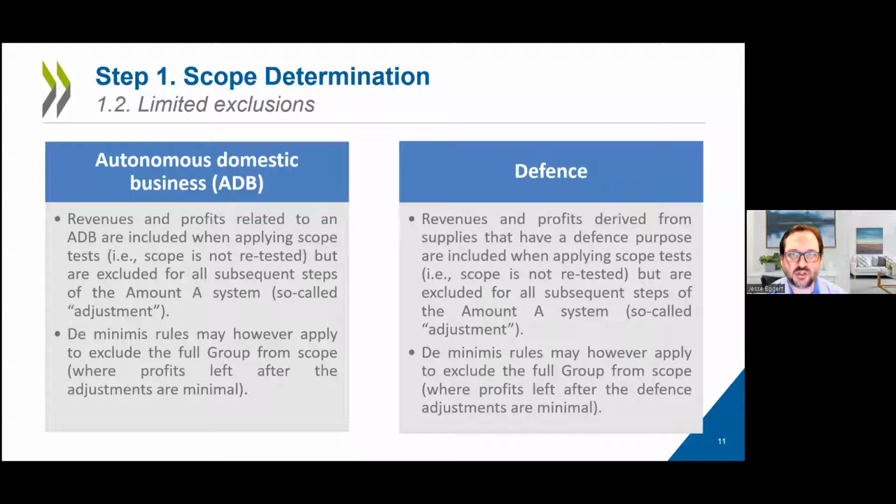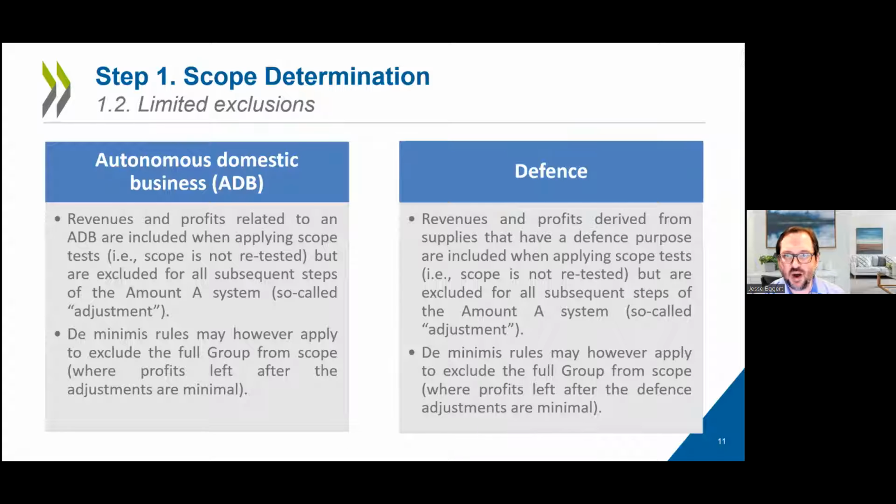And so the groups will still be in scope unless the in-scope profits after you apply these adjustments are below de minimis thresholds. And in all cases for these exclusions, groups will have the opportunity to make use of the certainty process through what's called a scope certainty request to make sure they know with binding certainty whether they are going to be covered by Amount A.